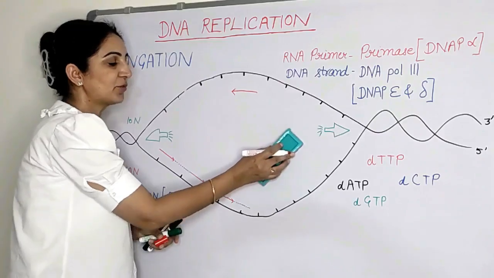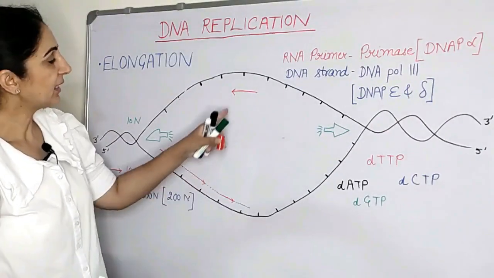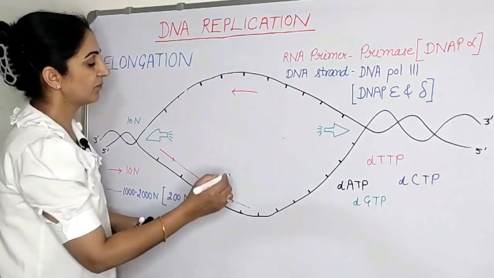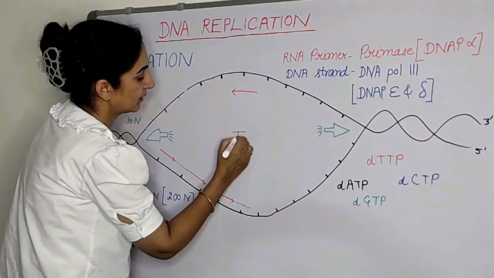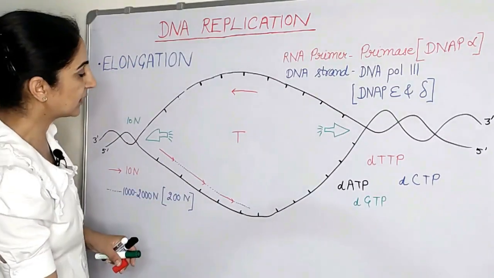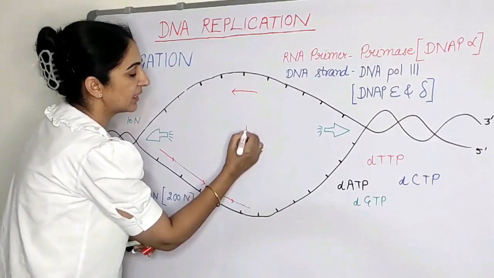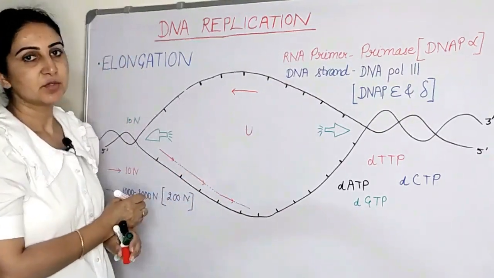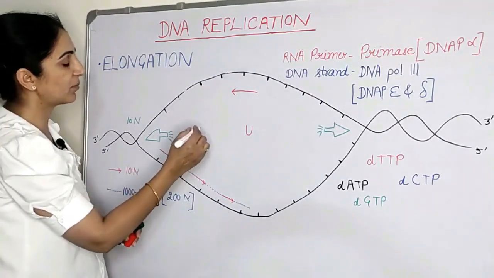So what is the difference between DNA strand and RNA primer? In the case of RNA primer, you don't have thymine as the nitrogenous base. Rather, in place of thymine, you always have uracil as the nitrogenous base. So what will the raw material be in the case of synthesis of RNA primer?